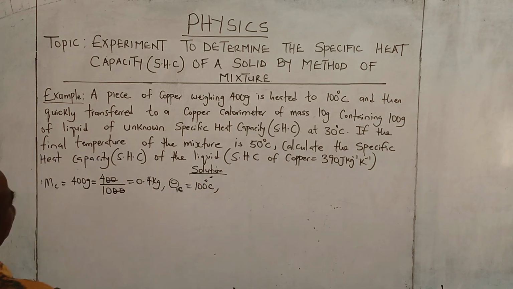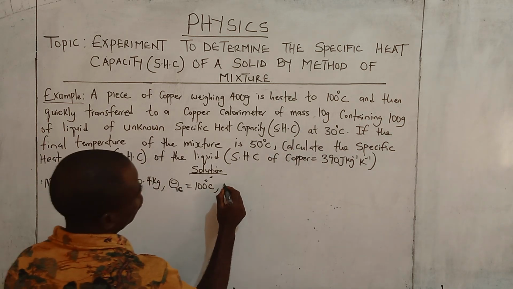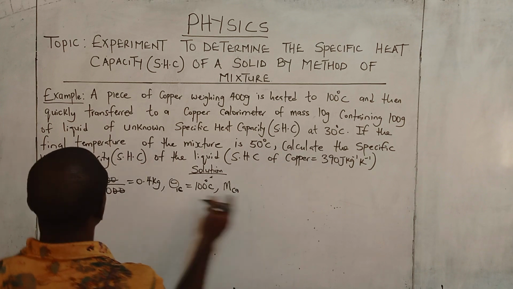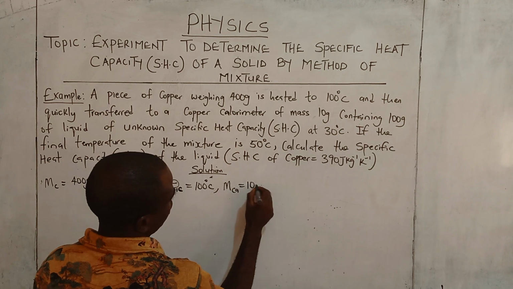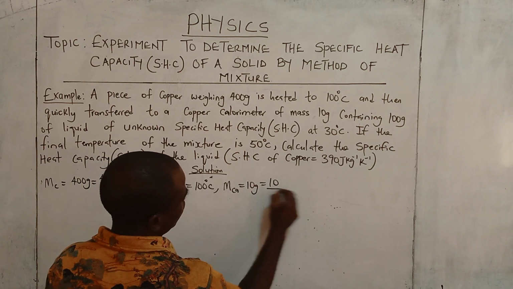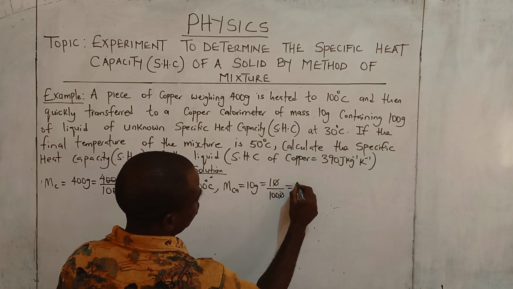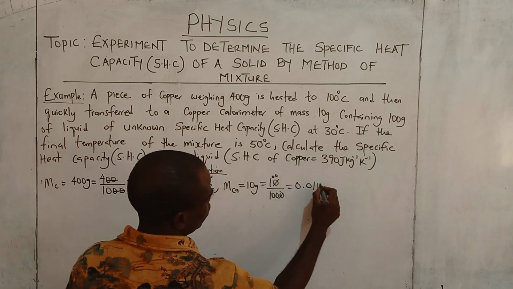And then quickly transferred to a copper calorimeter of mass, the mass of the calorimeter, call it CA, so that it will be different from copper. Now it is 10 grams divided by 1000, that's 0.01 kilogram.